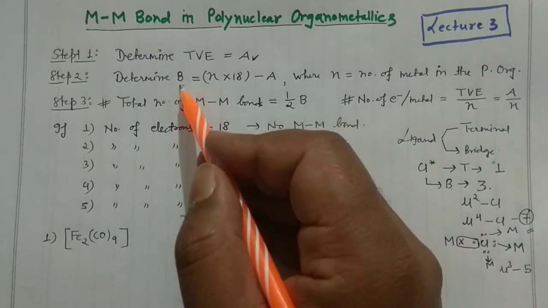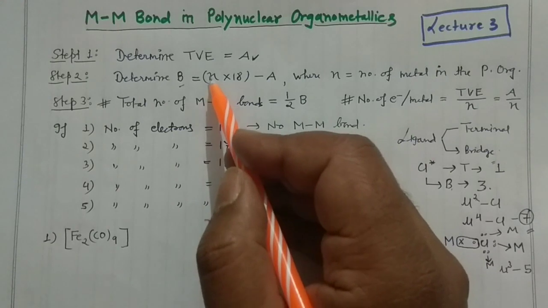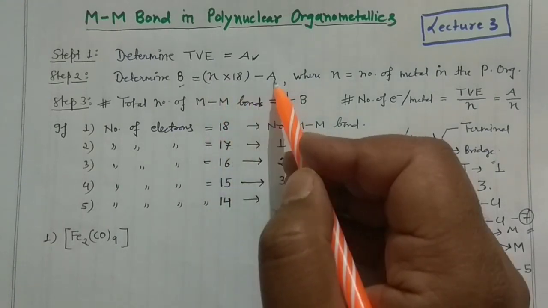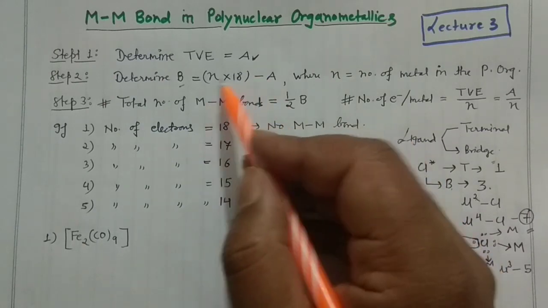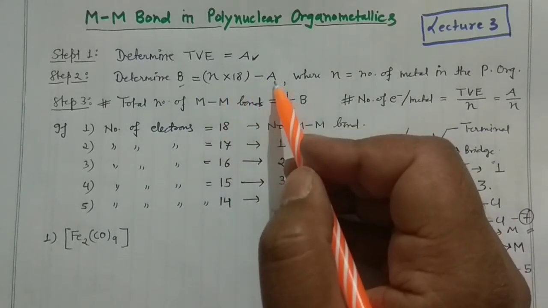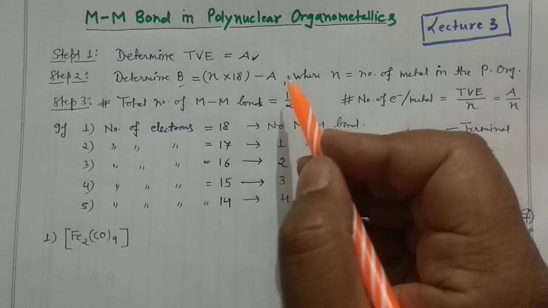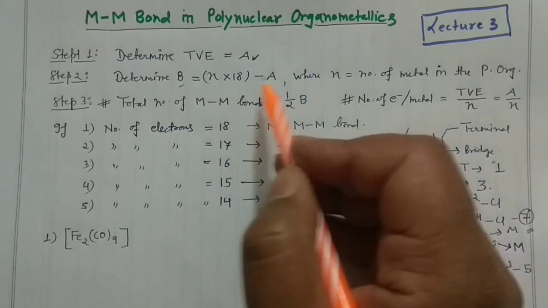So how can you determine this B? If your complex is following the 18 electron rule, then it would be N into 18 minus A. But if it is following the 16 electron rule, then it would be N into 16 minus A.